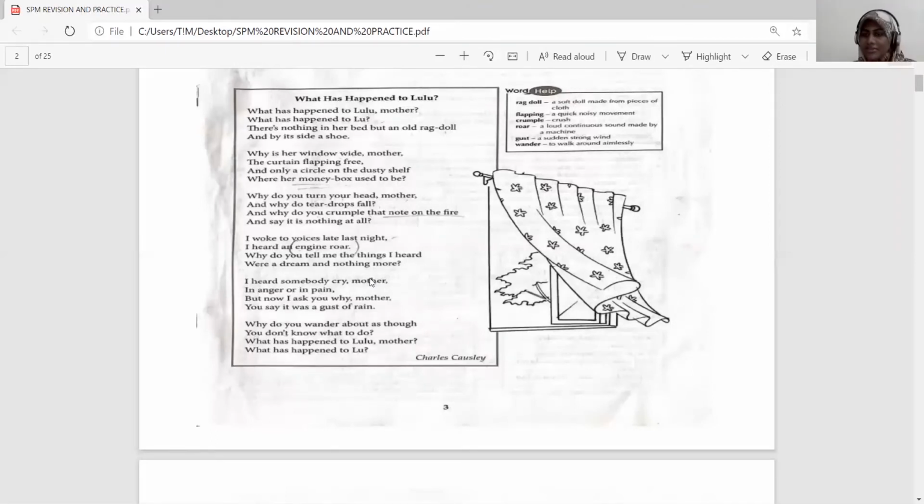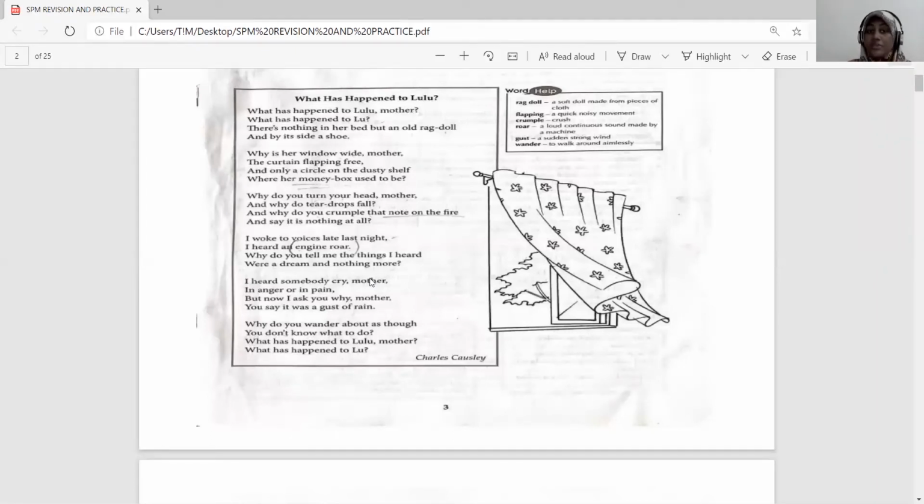What is it? Yeah, the theme is about family relationship. Okay, first will be the family relationship. Do you think they have a good relationship? They might not have a good relationship. They had a complexity of family relationship. Although it was not directly mentioned in the poem, that was the problem, one of the problems that caused Lulu to run away, right?